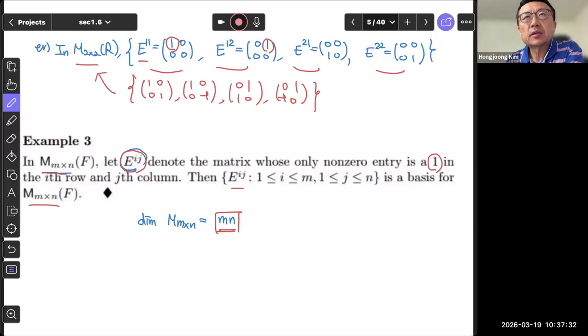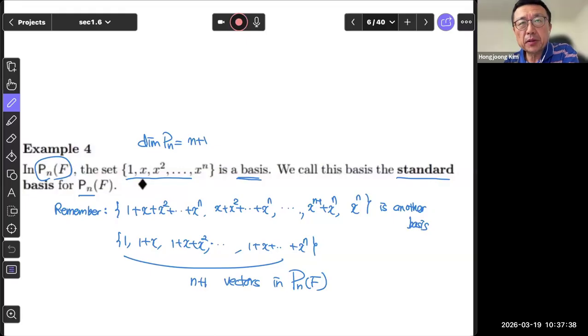So these are some examples of a basis. In Pn space, the monomials will define a basis, but you can consider some other combination of those functions to define a basis.